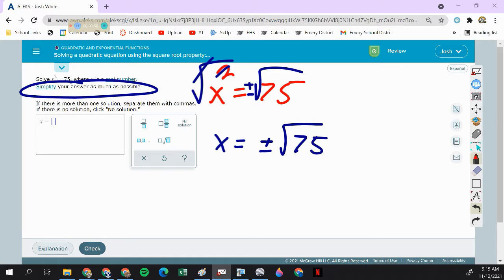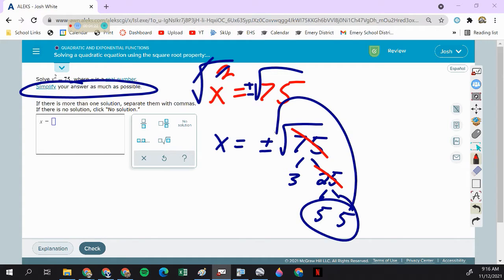Okay, plus or minus the square root of 75. I need to simplify the 75. What goes into 75? Well, 3 times 25 makes 75. And then the 25 will turn into 5 times 5. So I can cross off those. Can I bring anything out? A set of 5s.